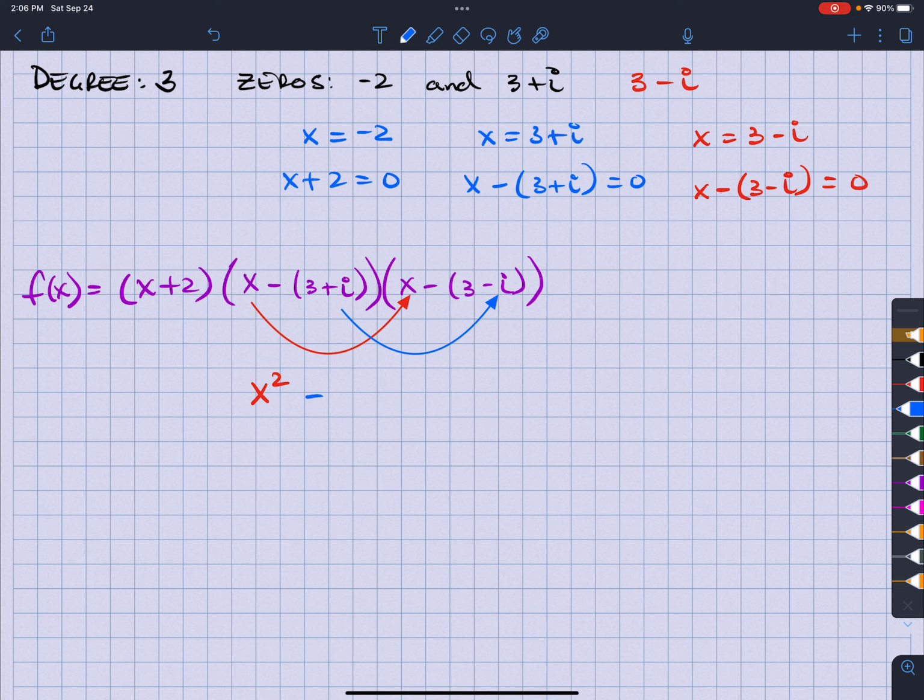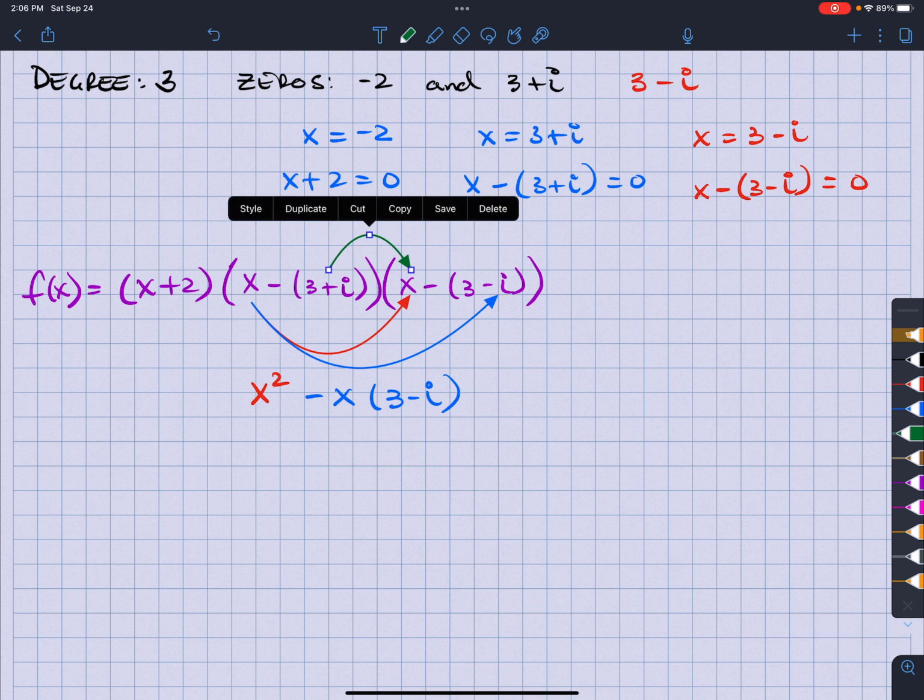Oh, what am I doing? I got to do that piece, right? That's the piece I got to do. And since that's in blue, I'll do it in blue. That is going to be negative x times 3 minus i. Then, apparently I forgot how to FOIL, guys. So then I have this here.